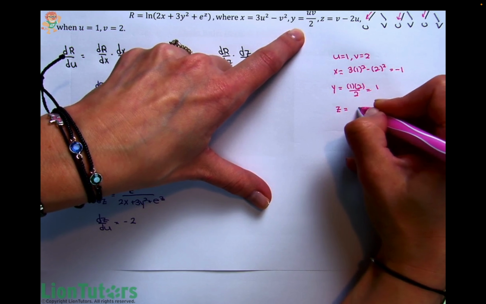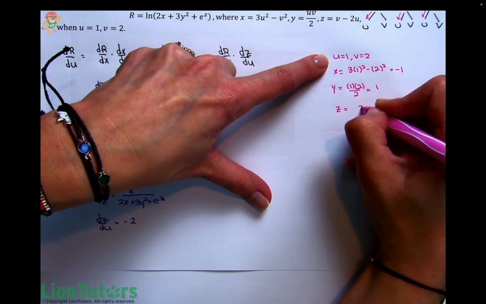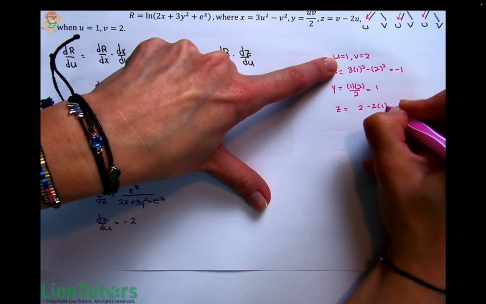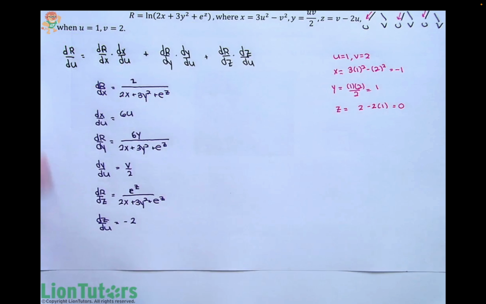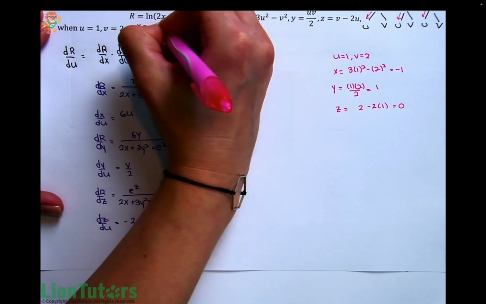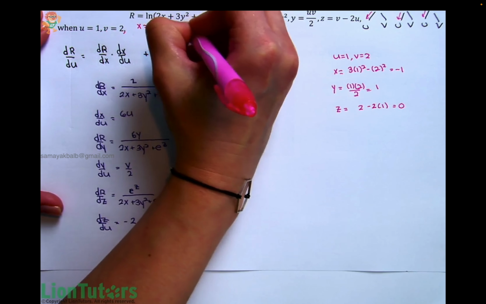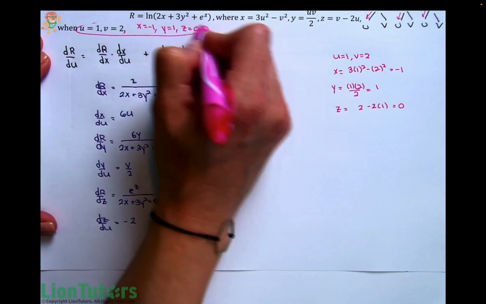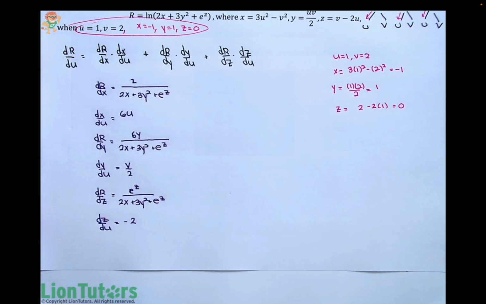And then our z is going to be v, which is 2 minus 2 times 1, which would be 0. All right, so we have u is 1, v is 2, x is negative 1, y is positive 1, and z is 0. I just like having all of my values that I'm plugging in one place. That's why I do that.